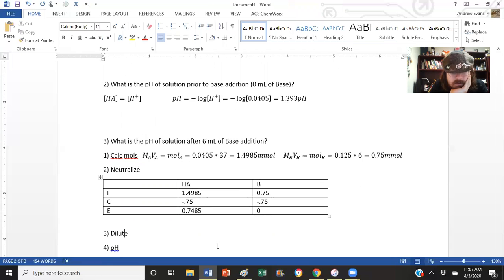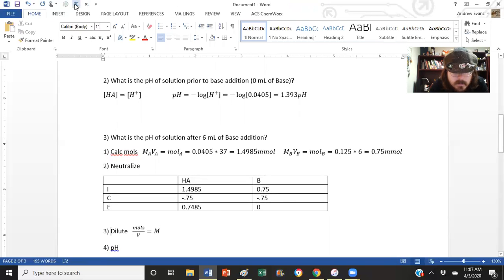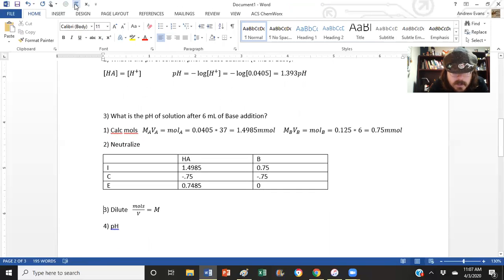Now, we're going to redilute. So whatever's left, we have to redilute. So we say, for this guy, moles divided by volume equals molarity. But you got to keep in mind, the volume has changed.